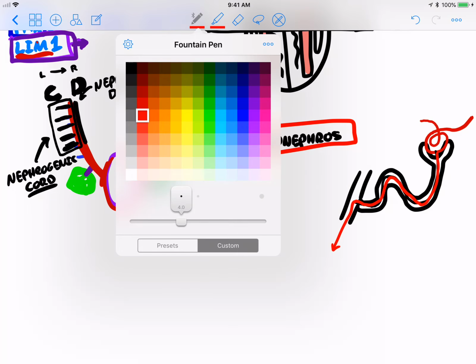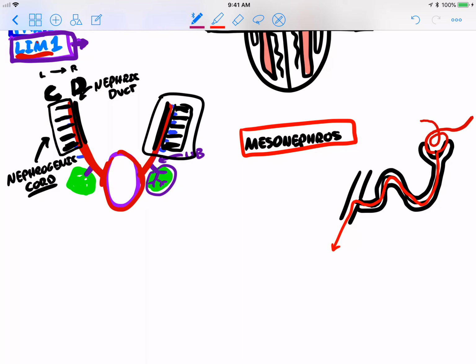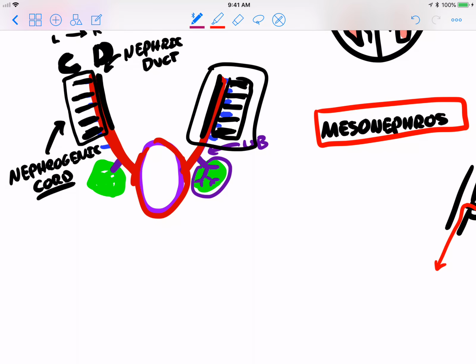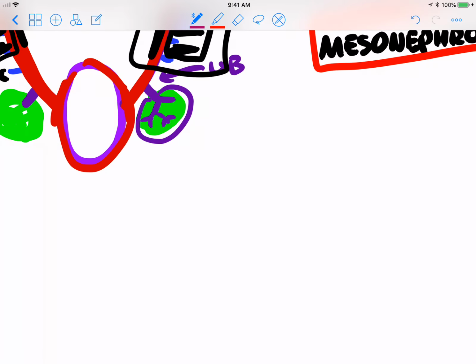So just to rewind for a split second, all of this has to be localized to somewhere, right? So this is all happening in the pelvic region. And what is causing all of this development to happen in the pelvic region? It's a good question. So we've learned about homeobox genes.